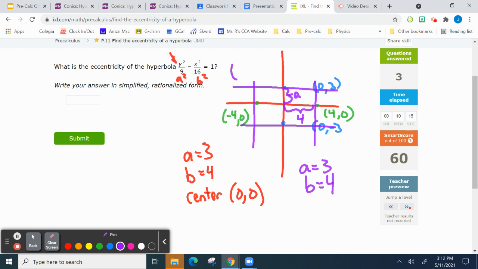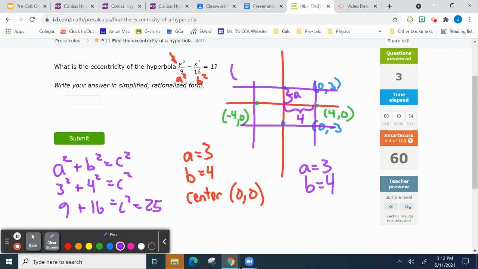So C, what does C equal? Well, A squared plus b squared equals c squared. 3 squared plus 4 squared equals c squared. 9 plus 16 equals c squared equals 25.